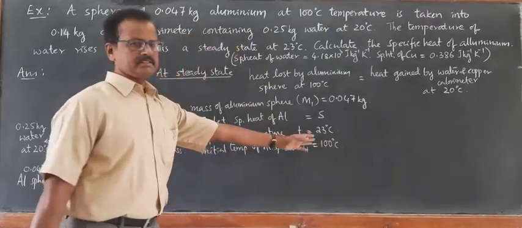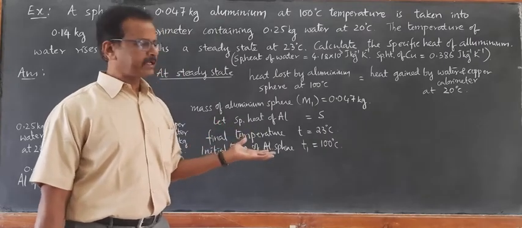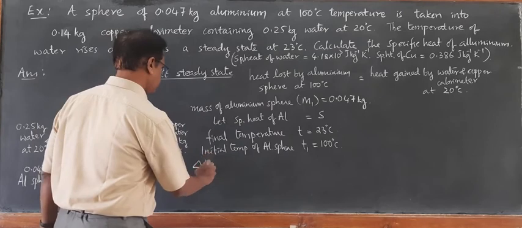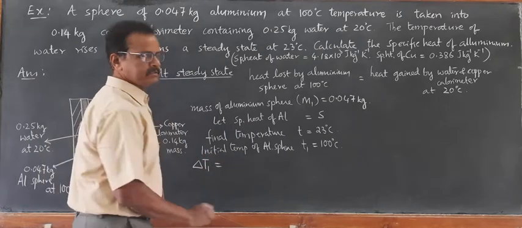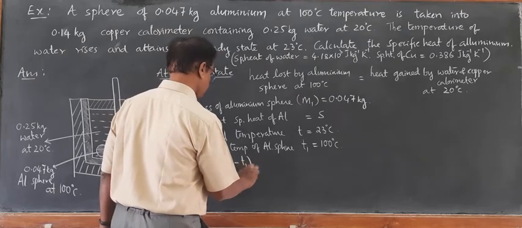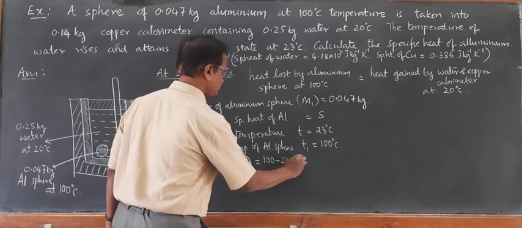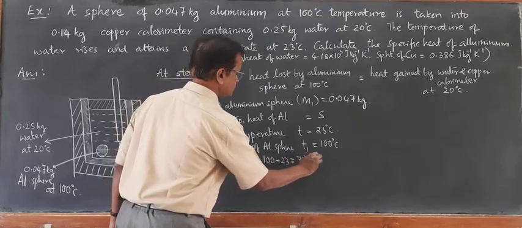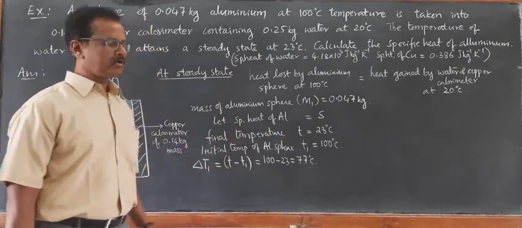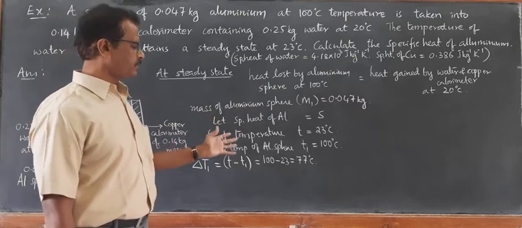So from 100 degrees Celsius it finally attains 23 degrees Celsius. So we can calculate delta T. Therefore delta T1 equals T minus T1, that's 100 minus 23, that is 77 degrees Celsius. This is the data for calculating heat loss by the aluminium. Therefore I can write the equation for heat loss by aluminium.